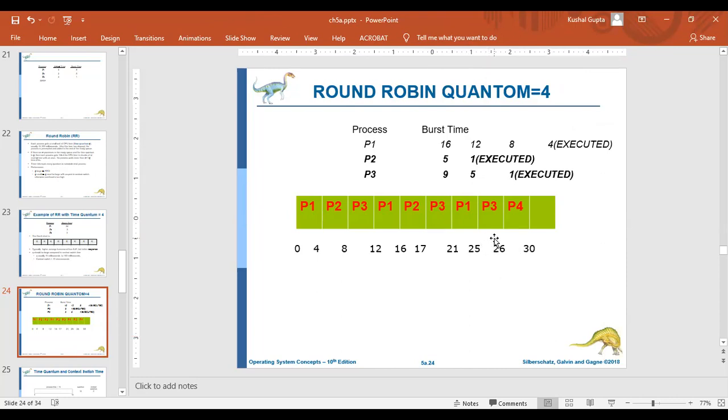Now you can check the total time. 16 plus 5 plus 9. That is 30. In 30 time, all the processes must be completed. Is it true? Yes. In 30 time, all the processes has been completed.